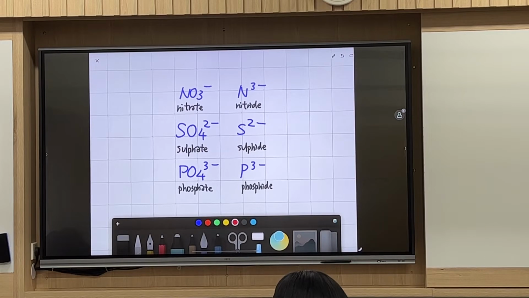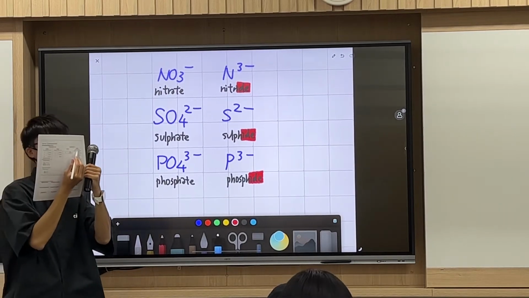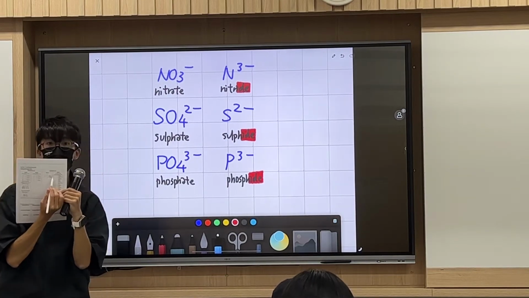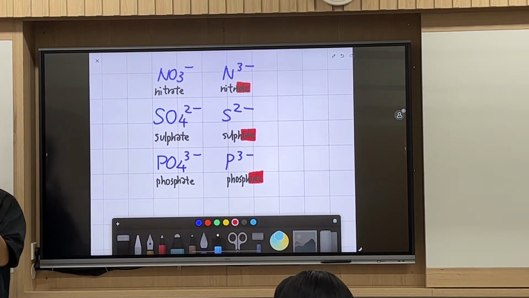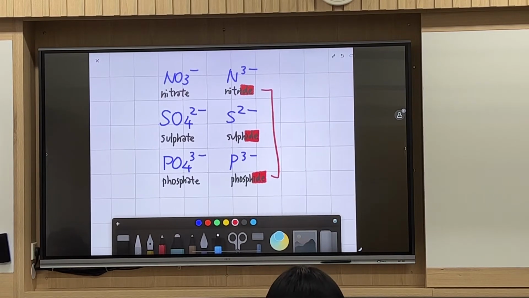If you see IDE as the suffix, more often than not it's a monoatomic ion, except hydroxide. Can you find hydroxide on here? Hydroxide is one of the polyatomic ions that also ends in IDE. But this is the only exception to the rule.